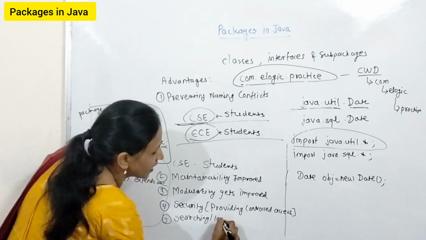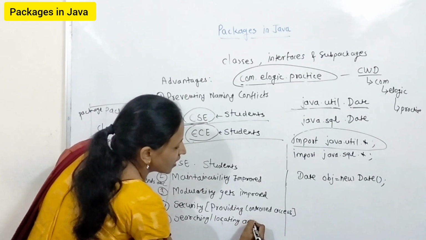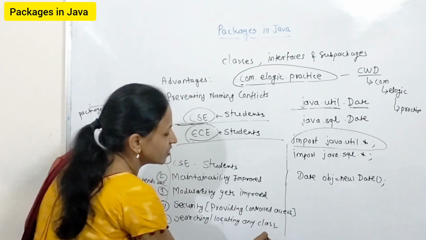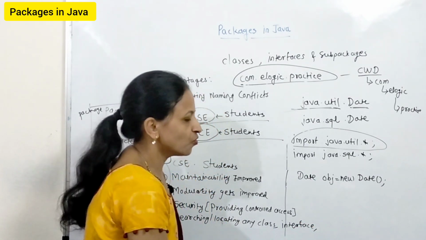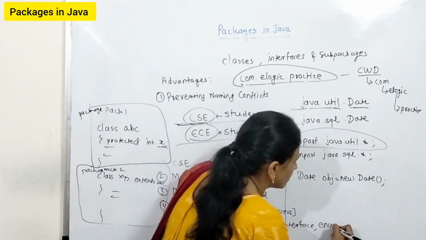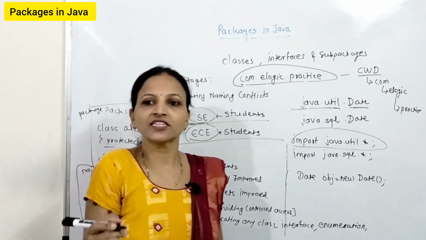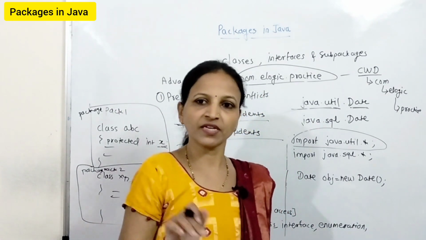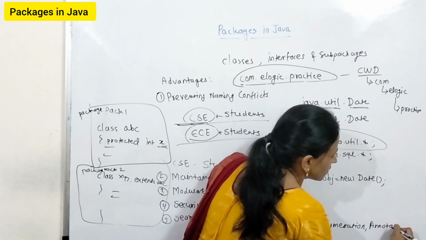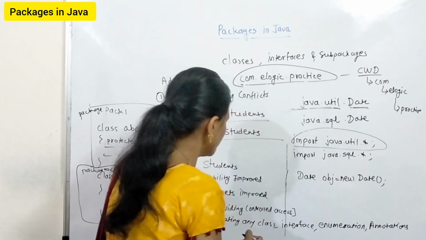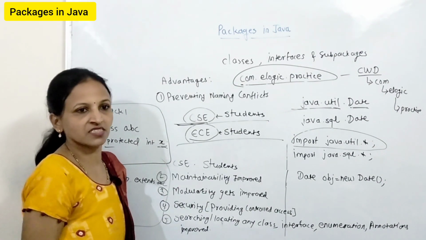Searching or locating any class, interface, enumeration, you already know all these points. And there is one more point, annotations. What is an annotation? I will explain in another session. Searching is improved, meaning it will become fast.